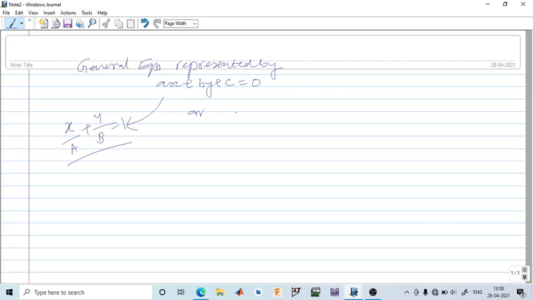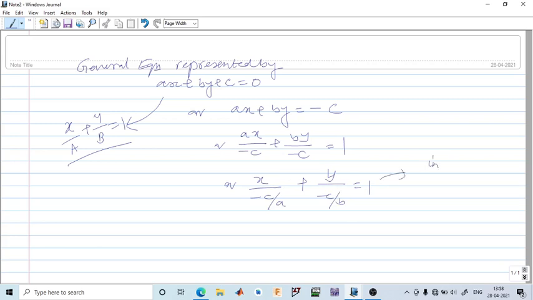To convert this, you write in this manner, x over minus c over a plus y over minus c over b equals to 1. This is the intercept form. So from the general equation, we can say that this is the x-intercept, and this is the y-intercept.